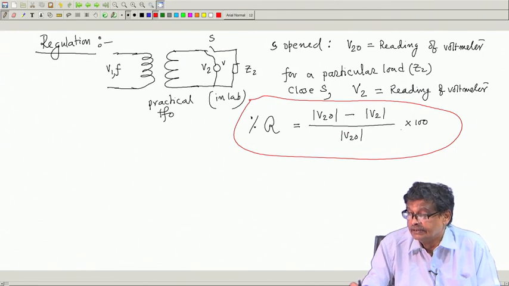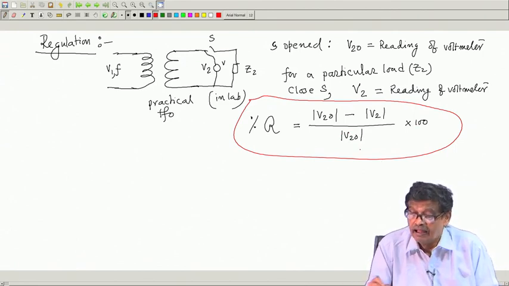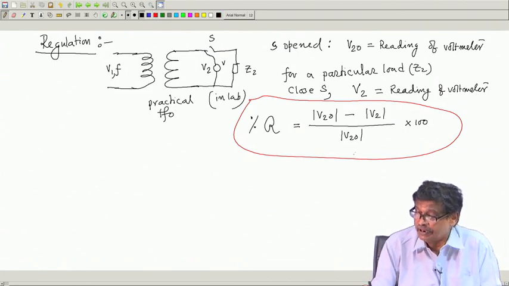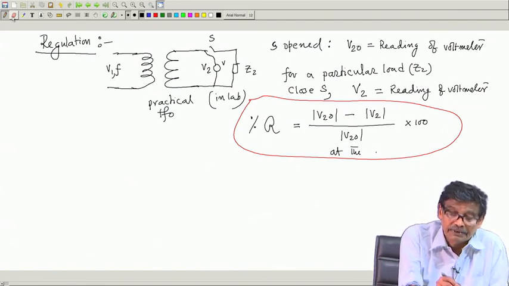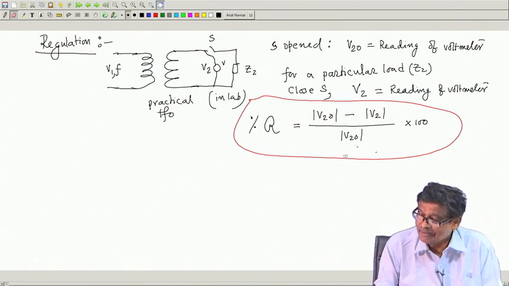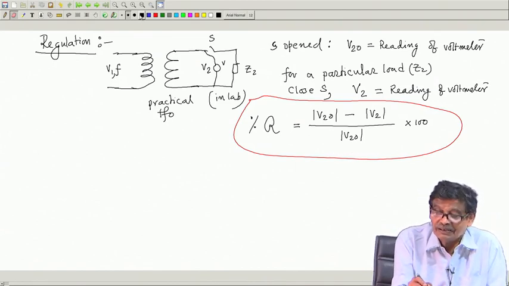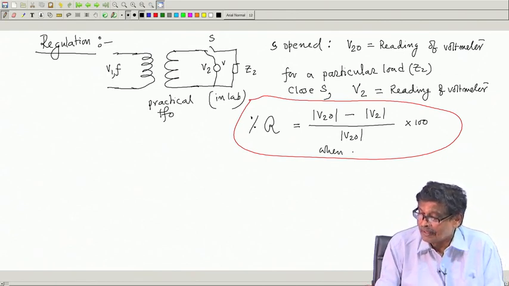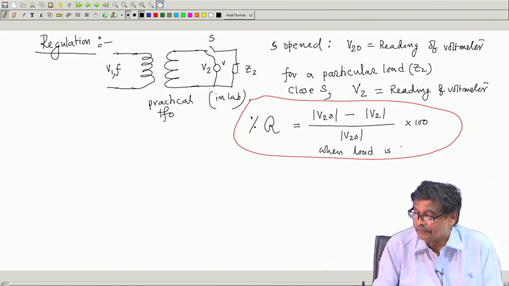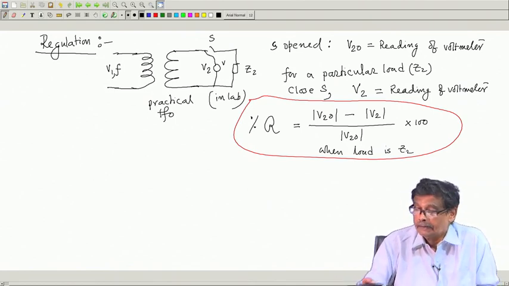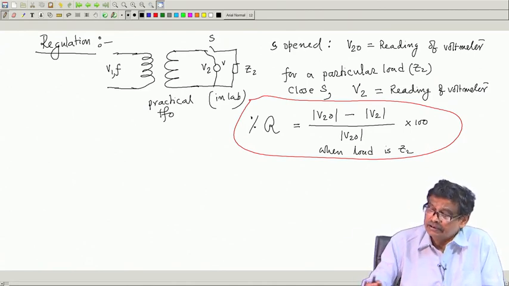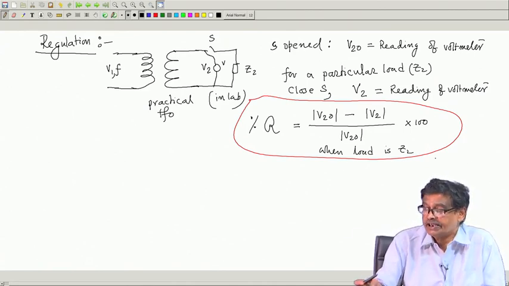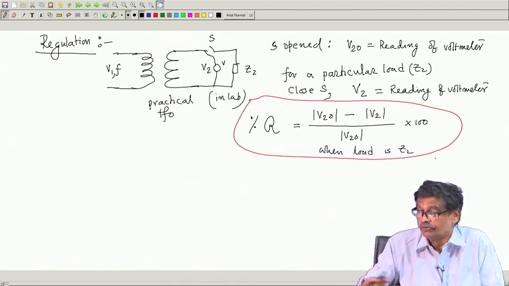So, I will say this is the value of the regulation when the load is Z2, at a given load, because if you change Z2 itself, this drop in voltage might give you other values, we will see that.